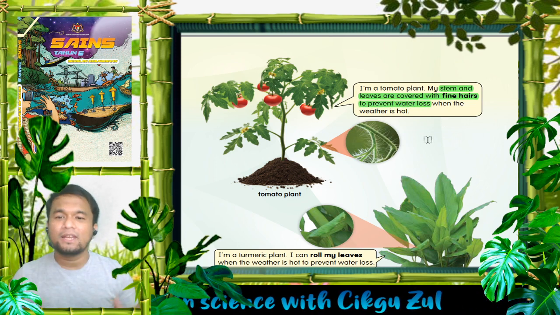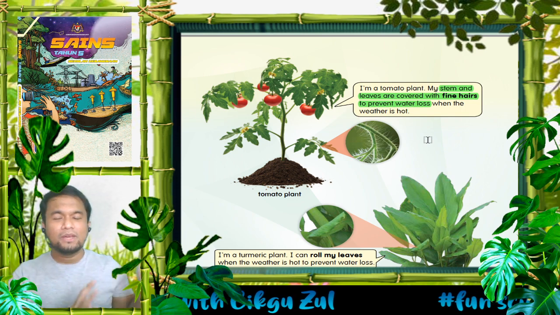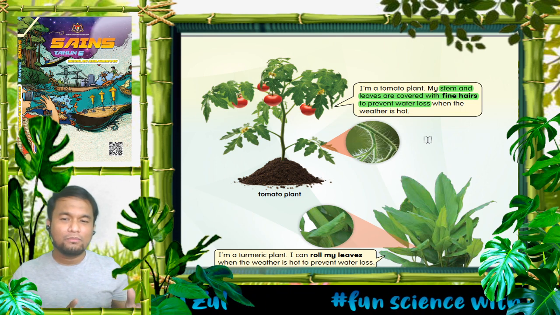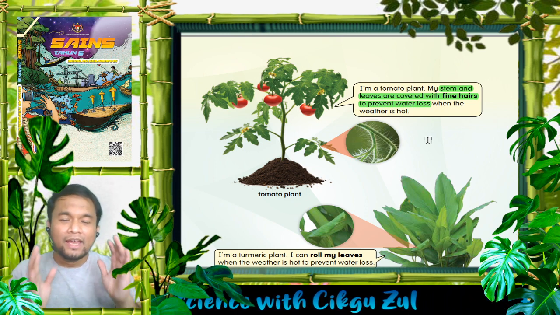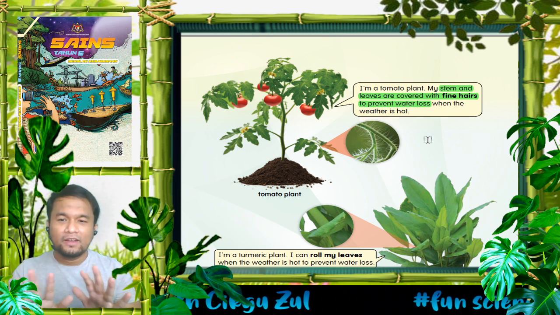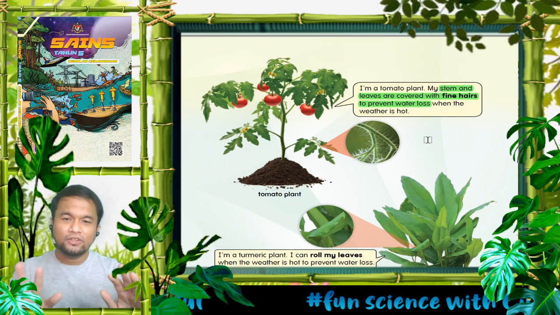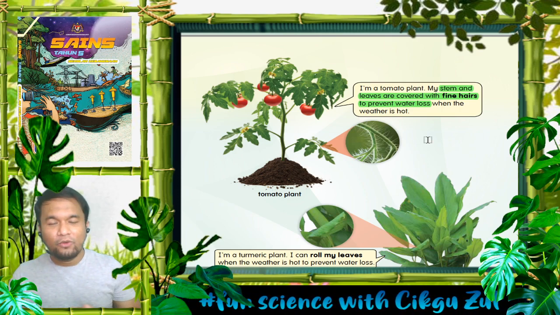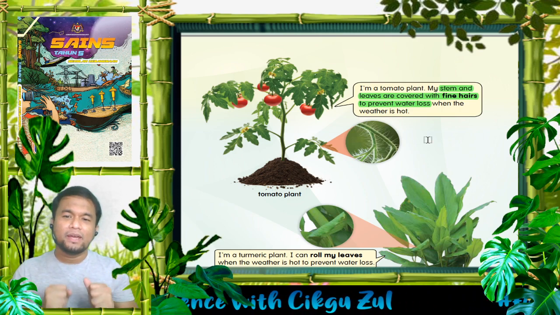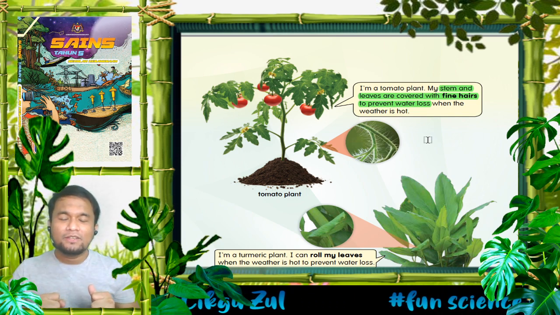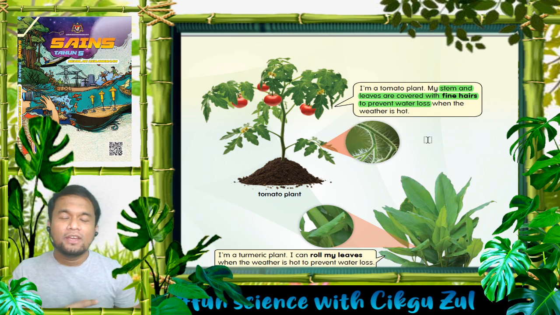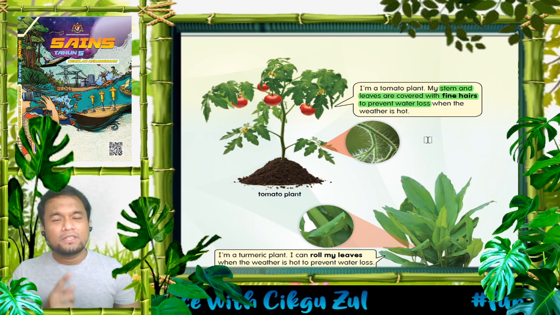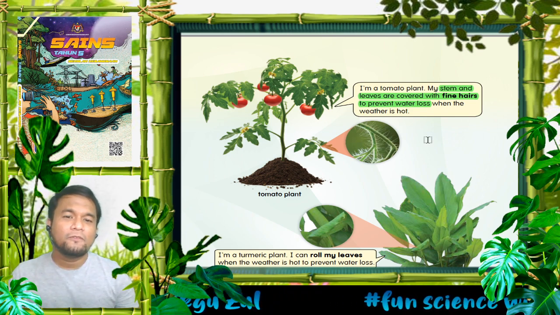Jadi bila musim yang biasa, normal temperature or normal situation, normal climate, the tomato plant has a fresh looking leaf. Daun dia nampak macam segar saja kan. But in hot season, when the temperature is so high, it protects itself with fine hairs.